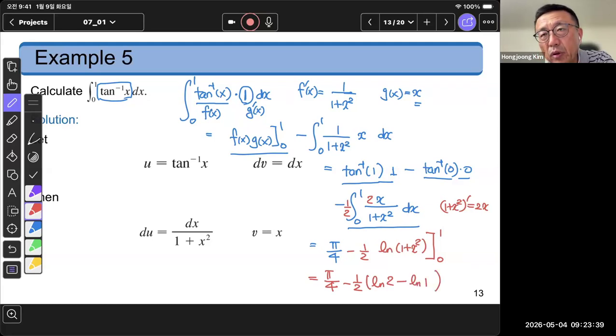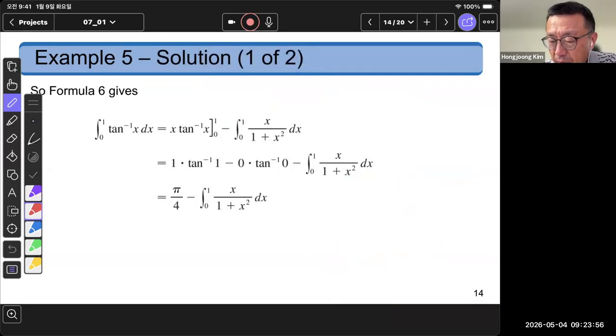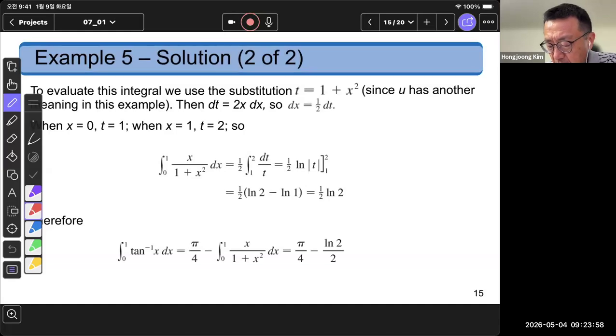Now what is the value of ln 1? It is 0. So the answer will be quarter pi minus 1 half of ln 2, right? So that will be the answer for this integral problem.